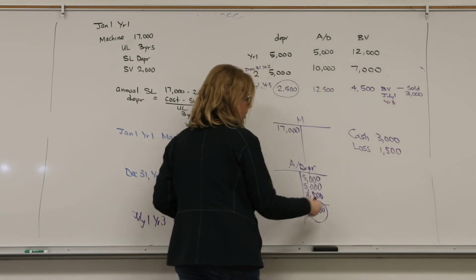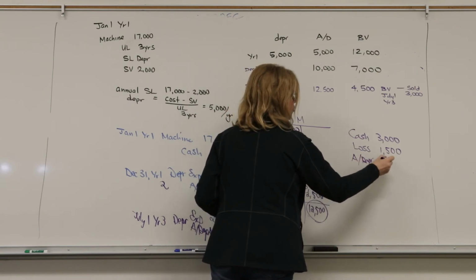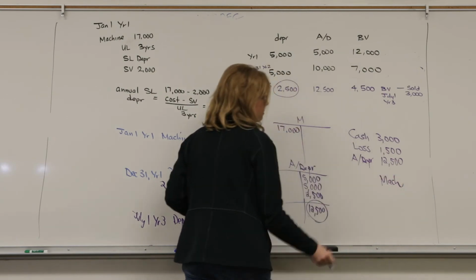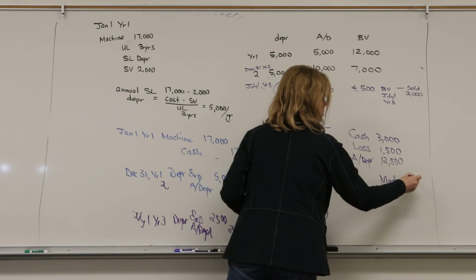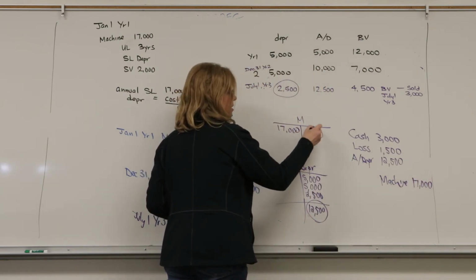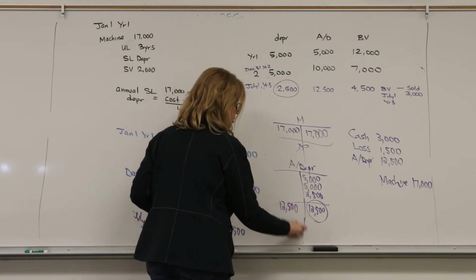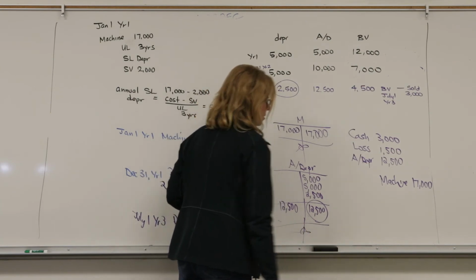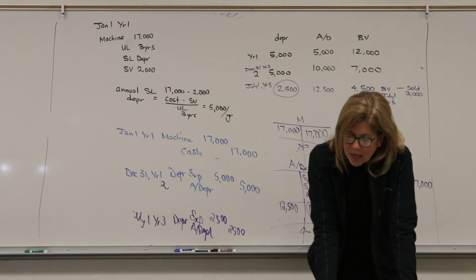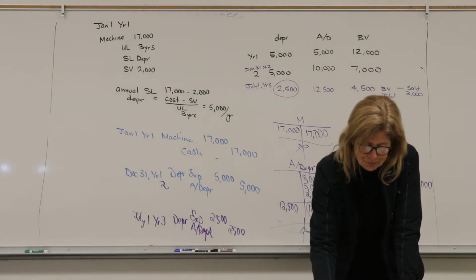I need to take this $12,500 off of the books, my accumulated depreciation, and then I'm going to take machinery off of the books, $17,000. So when I post this, it goes to 0. When I post this, it goes to 0. And life is good. So we can buy them, we can depreciate them, and we can sell them.